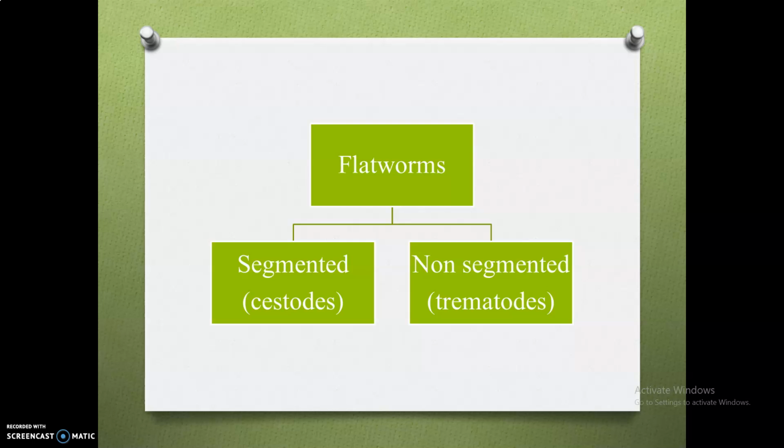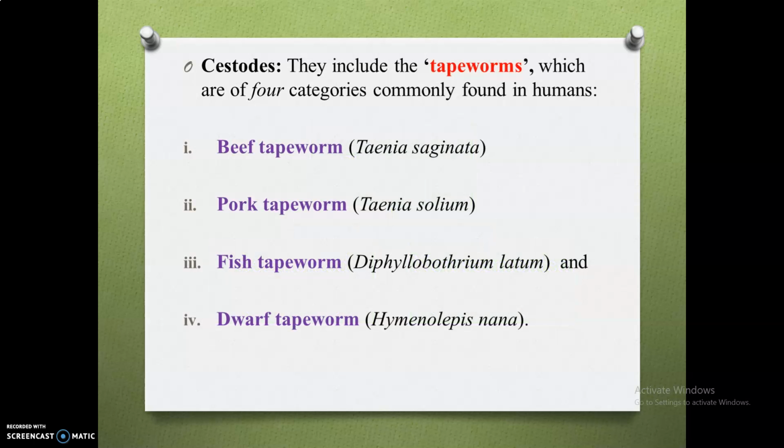Now flatworms. These are Platyhelminthes. There are two types, segmented and non-segmented. Segmented are called cestodes, non-segmented are called trematodes. Cestodes include the tapeworms, which are of 4 categories commonly found in humans: beef tapeworm, pork tapeworm, fish tapeworm, dwarf tapeworm.